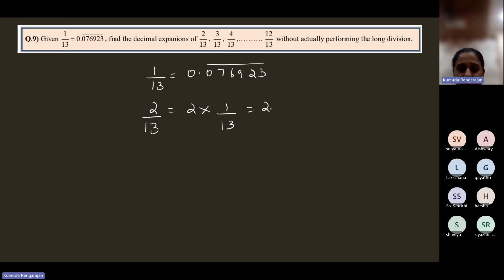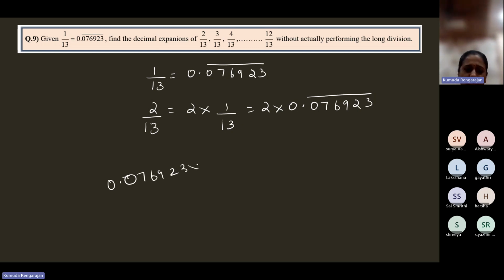So that is 2 into the decimal expansion of 1 by 13, which is given to us: 0.076923 recurring. Now the bar is on top of 6 digits, right? Now do the regular multiplication. 0.076923 into 2. We'll have to multiply these two.